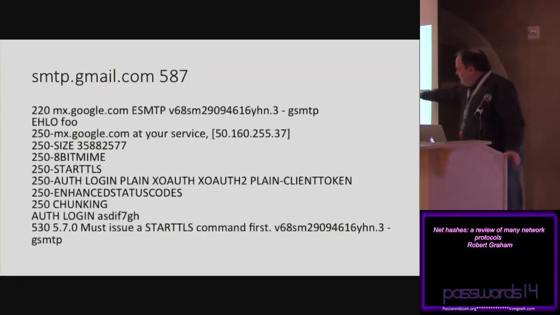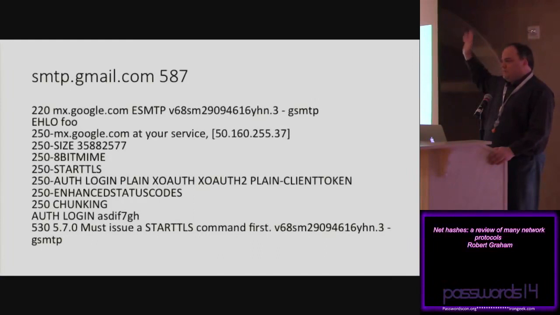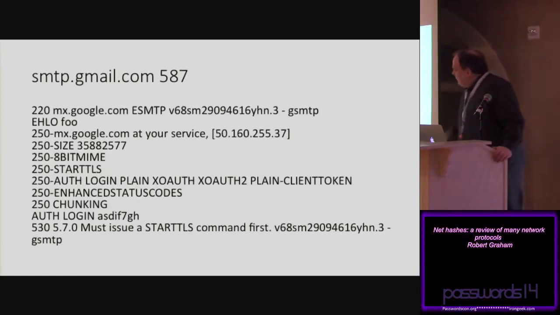And then I have no idea what plain client token is. These are all supported, by the way, because Google does this outsourced email system with Gmail. Who uses the outsourced Google Gmail at their corporate headquarters? Like Google Apps, yeah. So this whole system of Google Apps has its own authentication. It all plugs in, and that's what the OAuth and I suppose plain client token is for.